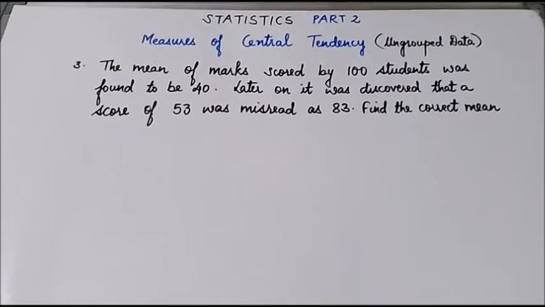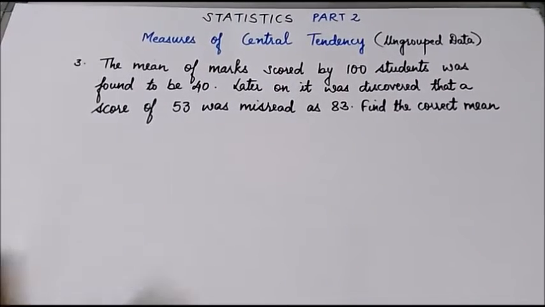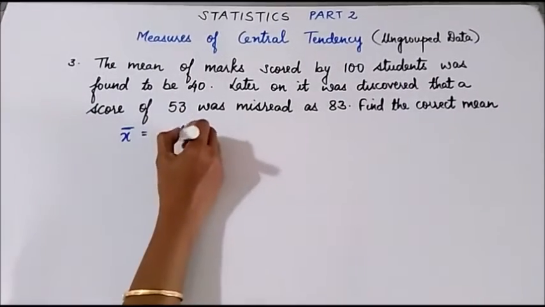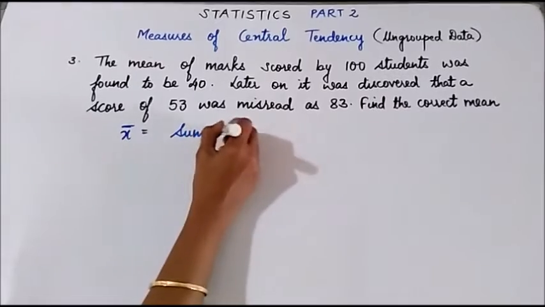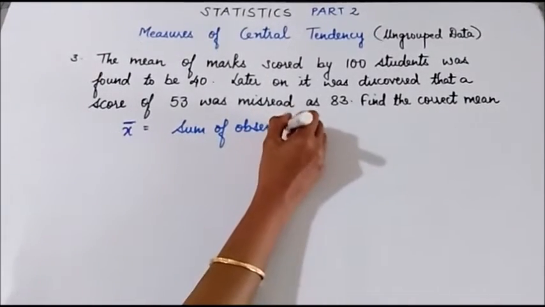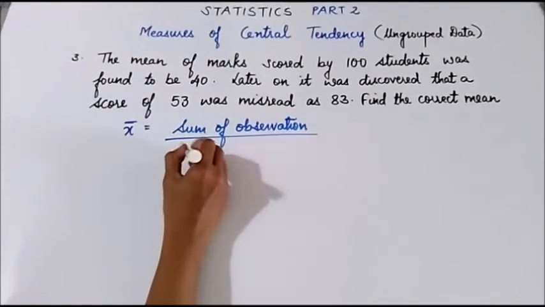The third question: the mean of marks scored by 100 students was found to be 40. We have mean is equal to the sum of observations divided by the total number of observations.